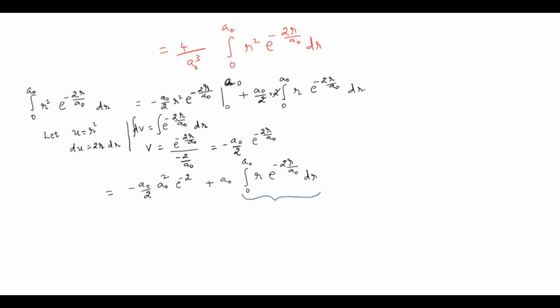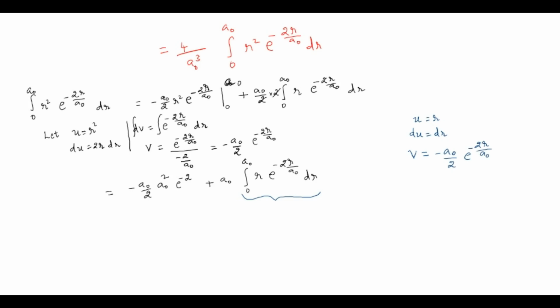Let u is equal to r, du is equal to dr. Now dv is the remaining term. So we can write down v by integrating this. You will get the same value, which is minus a naught by 2 e power minus 2r by a naught.